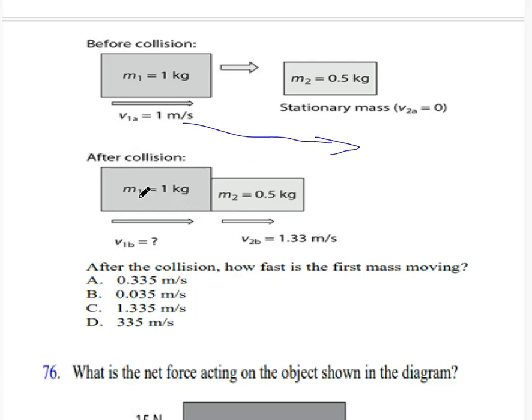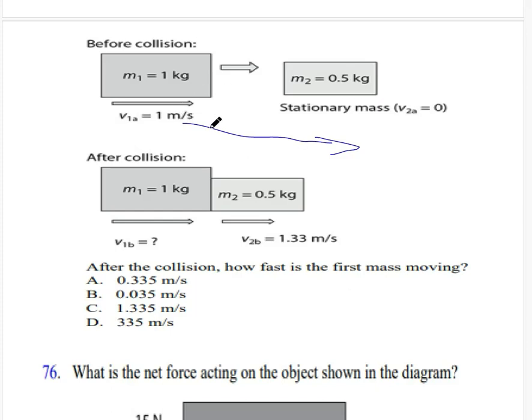The mass of 1 kg and the mass of 0.5 kg. So the velocity here is a question mark, and here it's 1.33 meters per second. After the collision, how fast is the first mass moving? So here it's 1 meter per second.